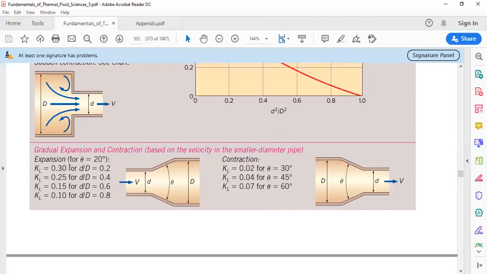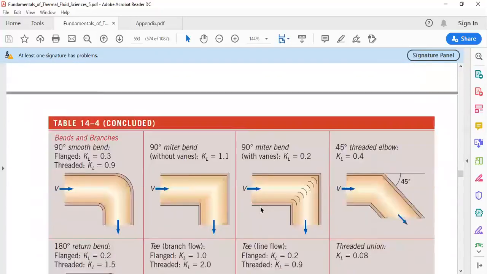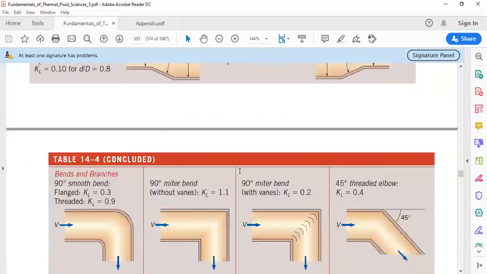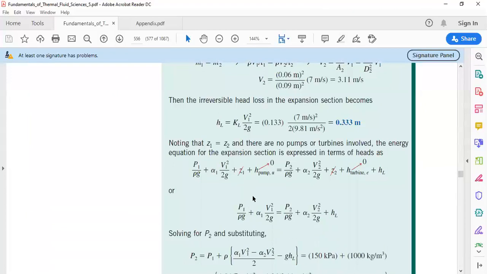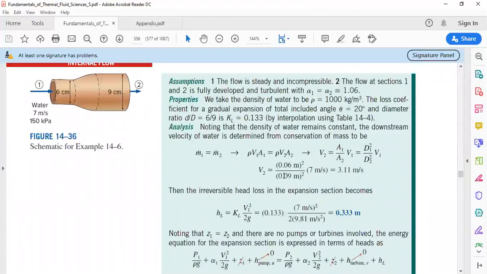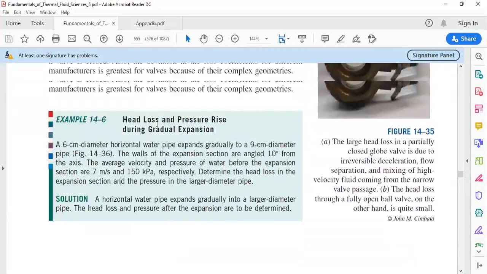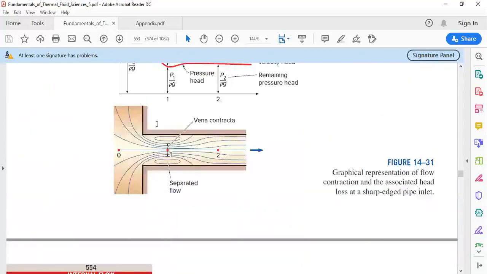Sorry, 6 divided by 9 is not 1/3, it's 2/3, that's approximately 0.67.